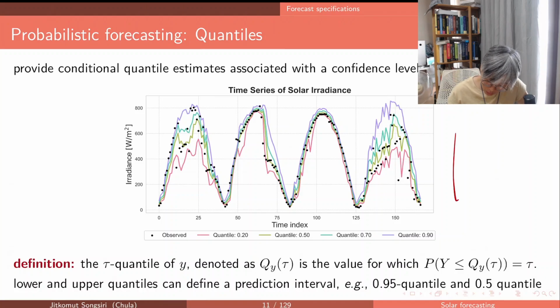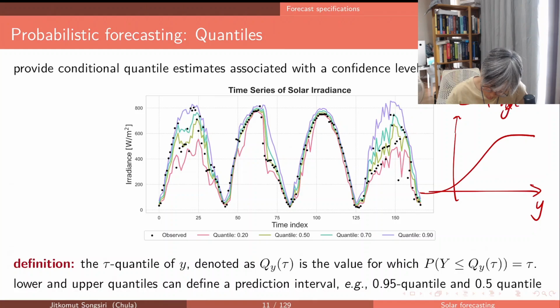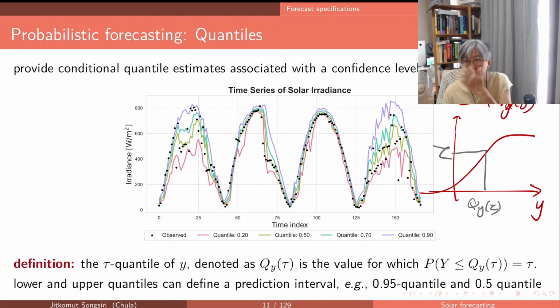In short, suppose this is the value of y, and this is the CDF of y. Given the probability tau, this value is called the quantile of y.